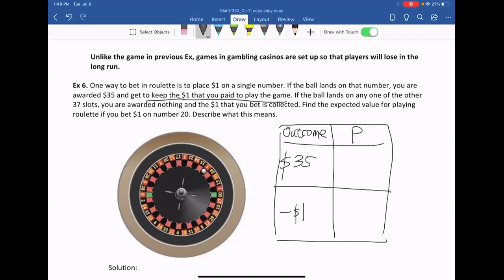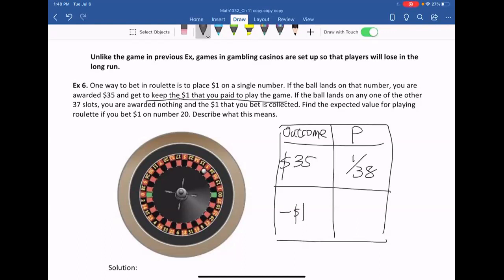The probability of winning a game is 1 over 38, because if I choose the number 20 and the ball lands on 20, I will get the money.